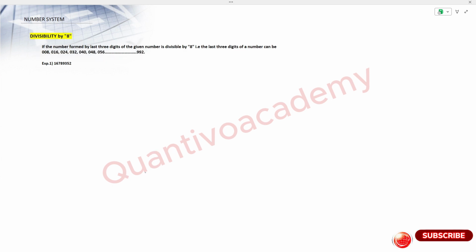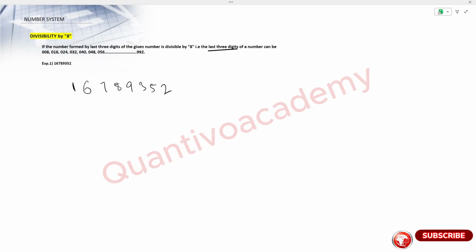Now let's understand the divisibility by 8. This is similar to the divisibility by 4, but in the divisibility by 4 we considered only the last two digits, while in the divisibility by 8 we will consider the last three digits of a given number. Like we have an example question to check whether this number is divisible by 8 or not.